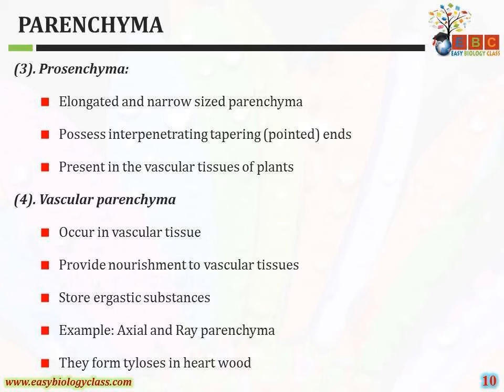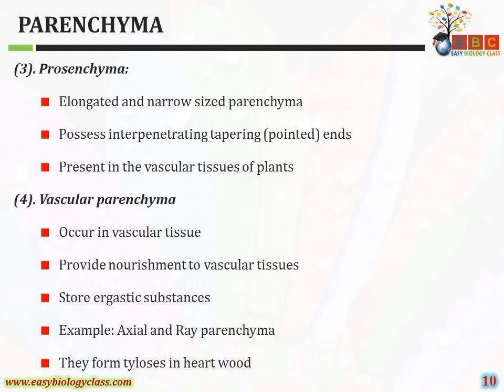Now, the other type of parenchymatous tissue is the prosenchyma. They are elongated and narrow parenchyma. They possess interpenetrating tapering pointed ends, and they are present in the vascular tissues of the plants. They are associated with the xylem and the phloem, and they have the function of providing strength to the plants when they are in association with the xylem tissues.